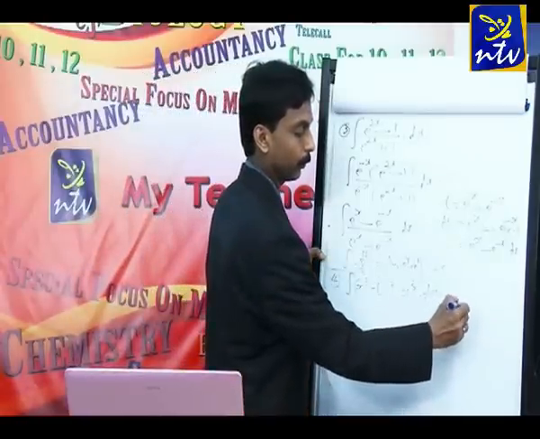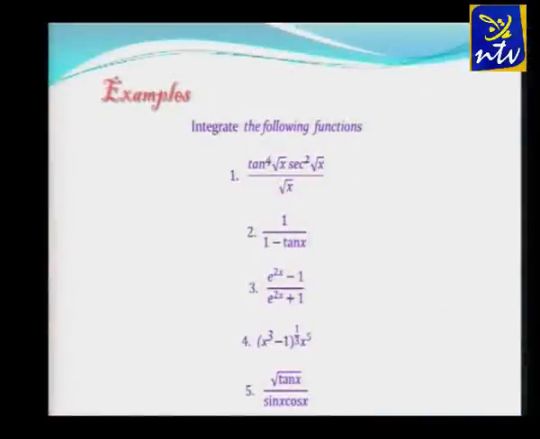Here the substitution you can give is t is equal to x cube minus 1. So if you differentiate this, dt is equal to 3x square dx.